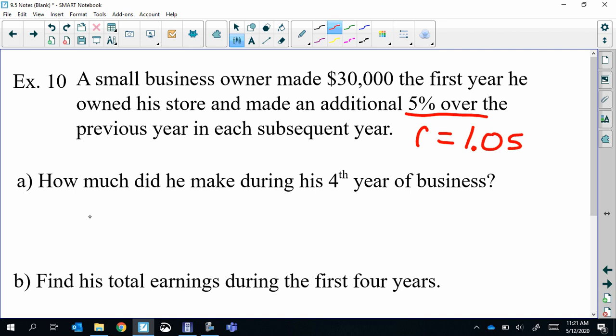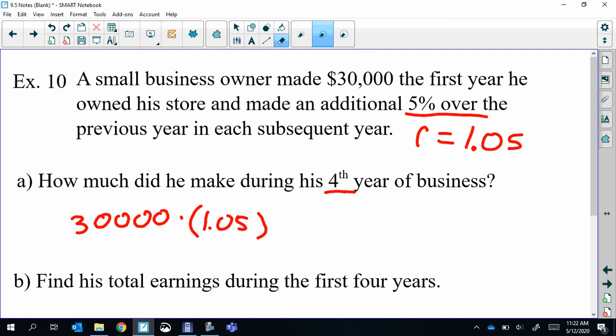So A1 is 30,000. To find the fourth year, that just means N is 4, and we're plugging in. And then the exponent is N minus 1, so 4 minus 1 is going to be 3. I'll write it out as 4 minus 1.